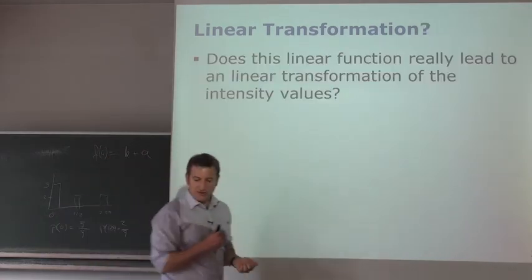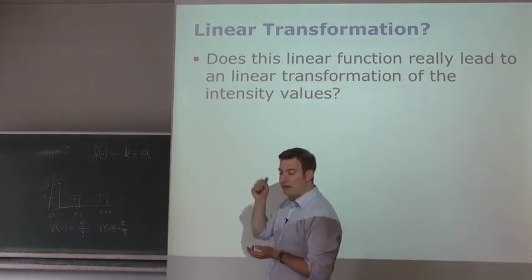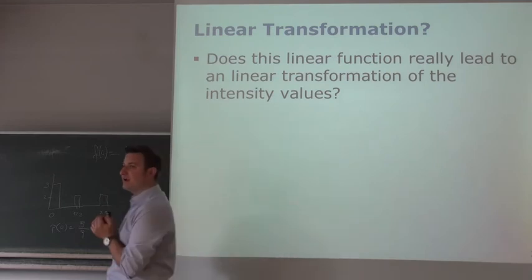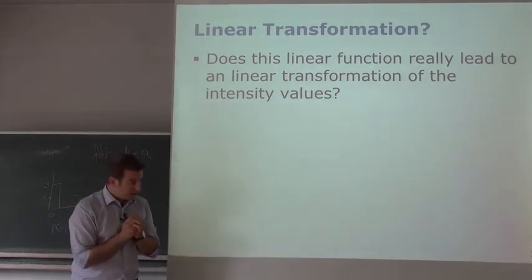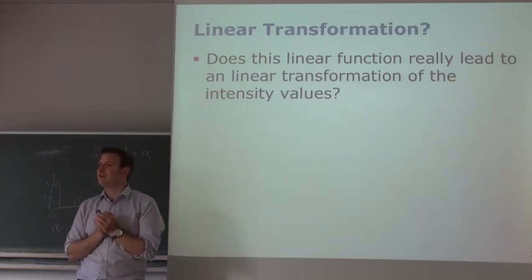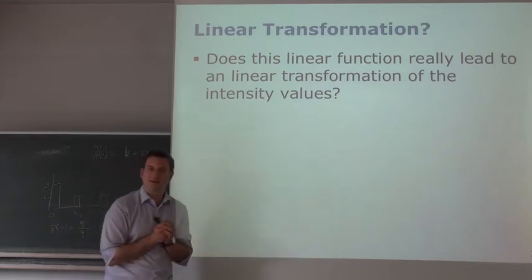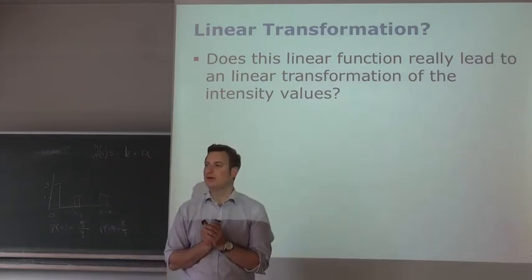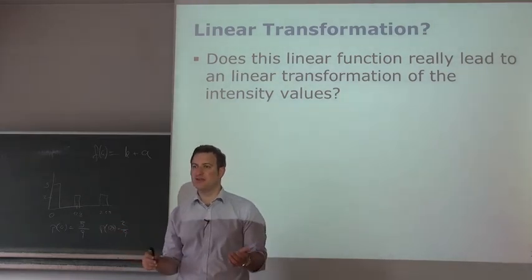So the key question is, I said f is a linear function, that's clear, but does this really lead to a linear transformation of the intensity values? Intuitively, you would say yes, because I changed the intensity values.